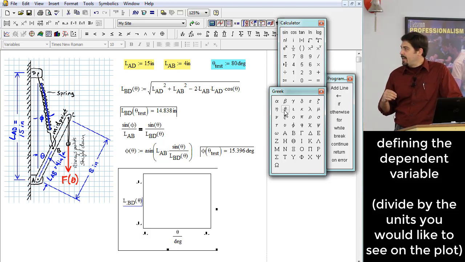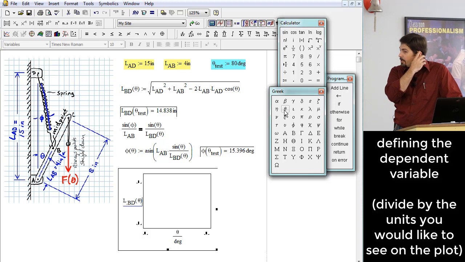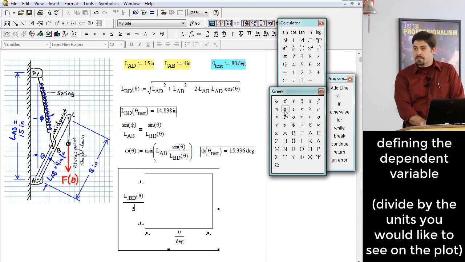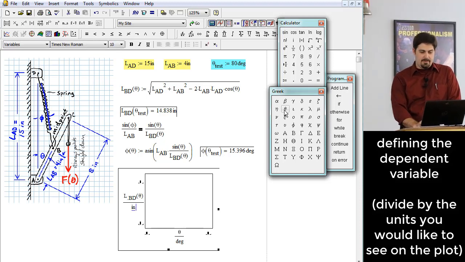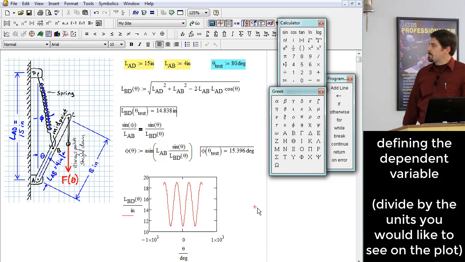So if I don't do anything, what it will probably show me is numbers associated with meters, since the units attached to that number are length. That's not really what I want. So what should I do? Divide by the units I'd like to see. And that creates a plot.